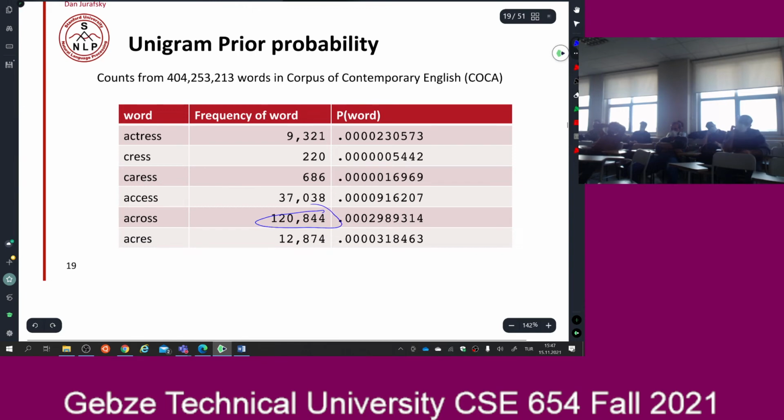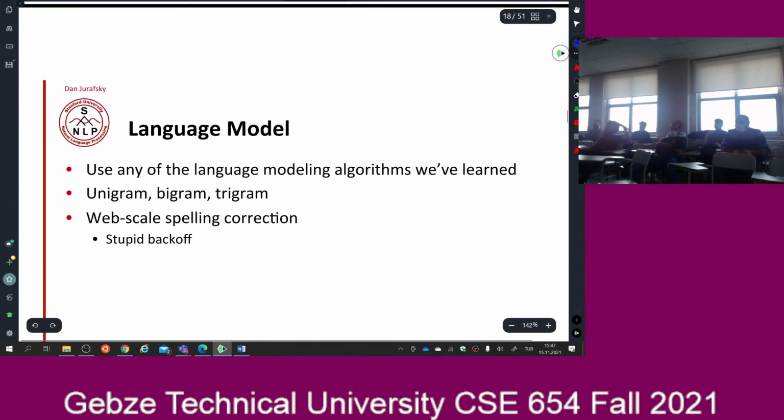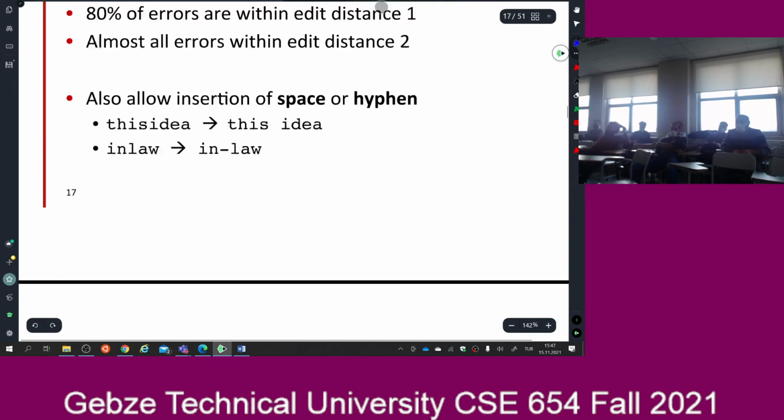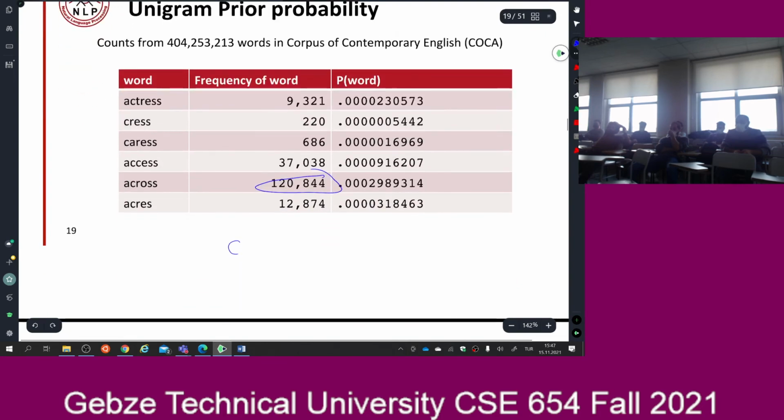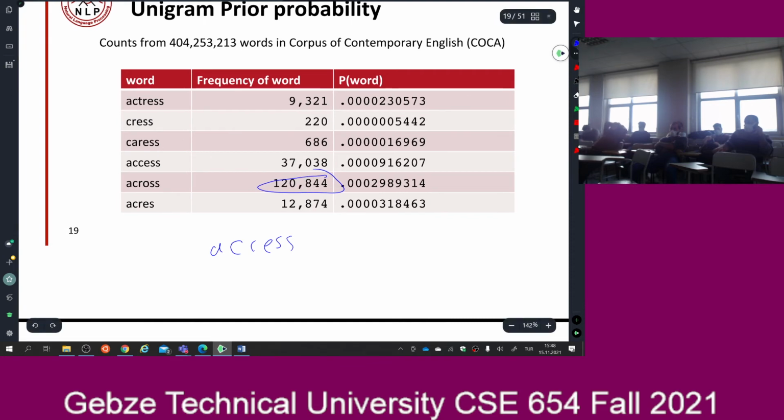What was the original bad word? Across, with O, changed to E instead of the O. So as soon as I see this, I list all the words that are only one step away, and I choose this one because it happened much more than the other words.